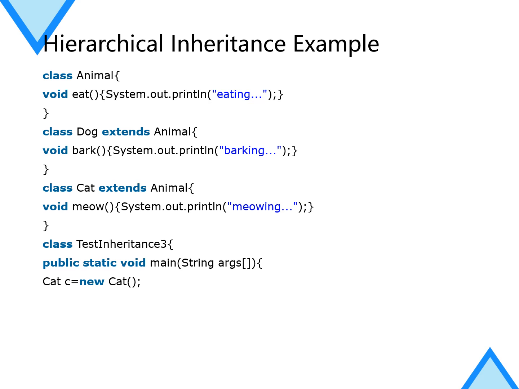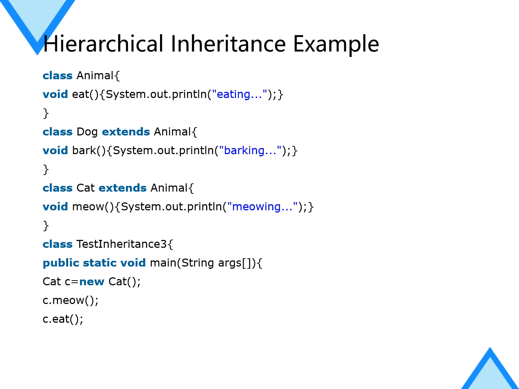Now we have cat c, one object, and we are going to call the c.meow function, which is its own method, so it will be called successfully.